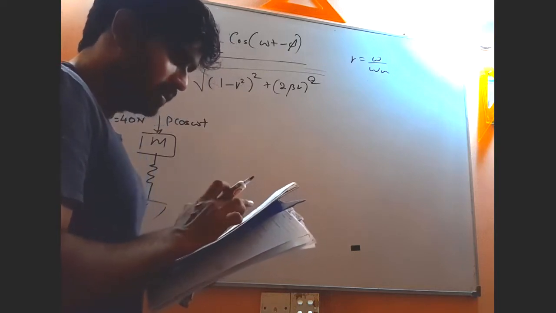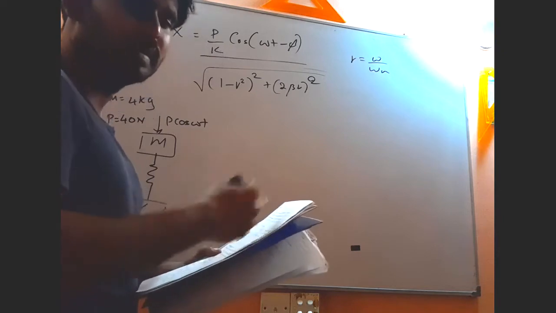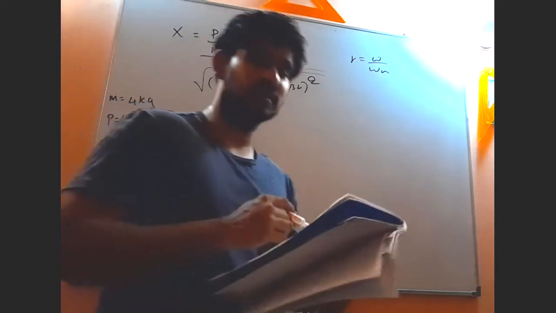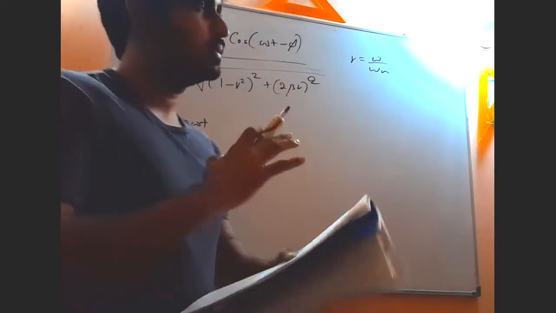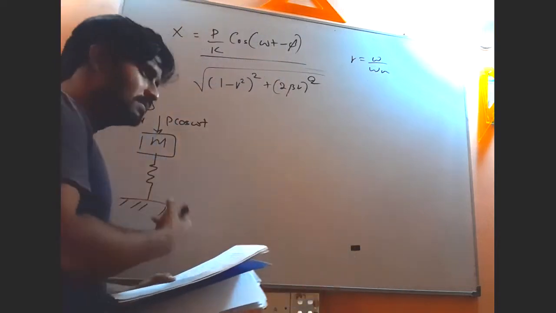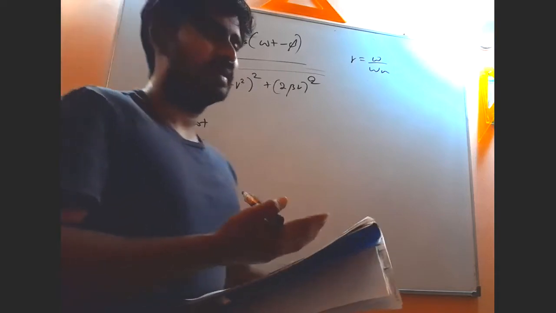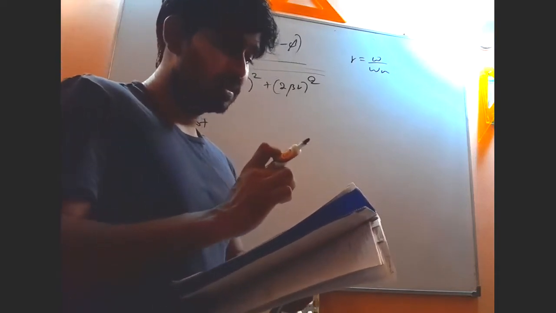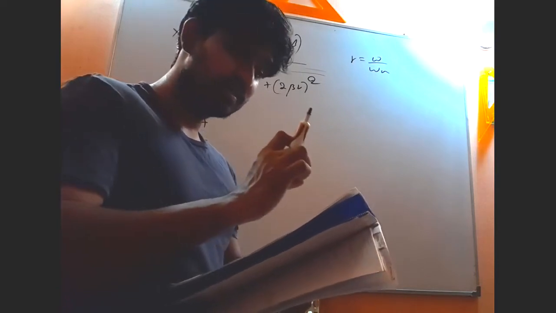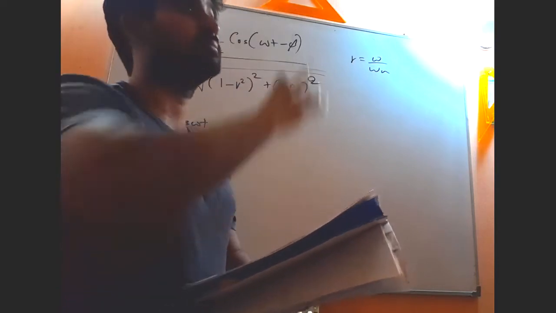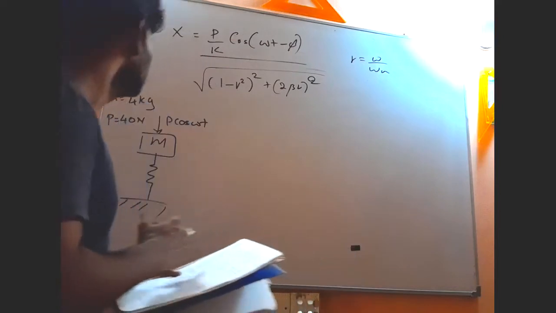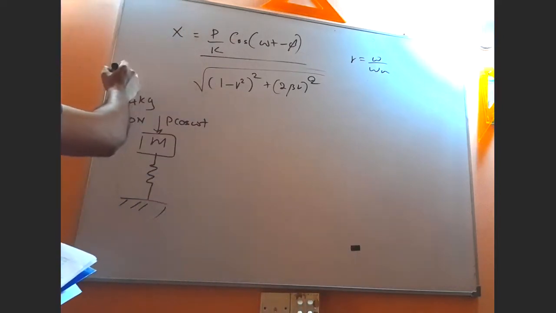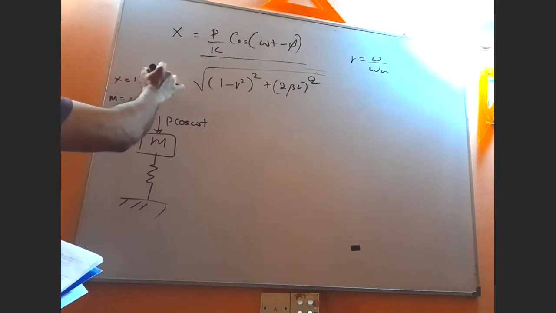Because of this harmonic excitation force, it causes a resonant amplitude. Of course, because of the vibrations there is an amplitude, but here what it causes is the resonant amplitude, that means the maximum amplitude. The value of that amplitude X is 30 millimeters.